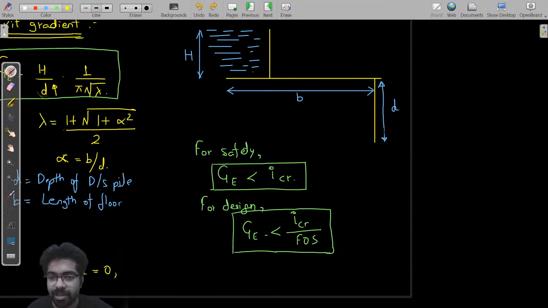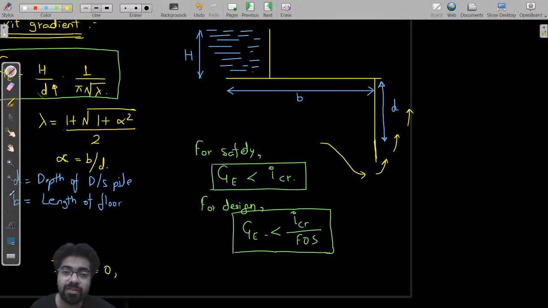The more you embed the pile, the more will be the depth, the more the water has to travel. If water travels more, then obviously force will be reduced. So this depth is very important, and I already told you yesterday that in reducing the seepage pressure at the downstream end, the downstream pile is more effective. So D has to be maximized.